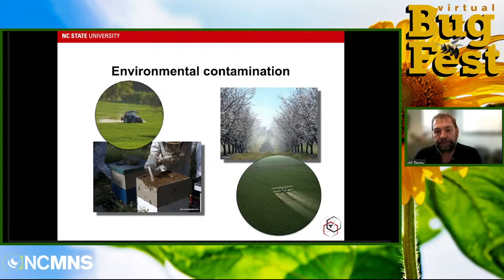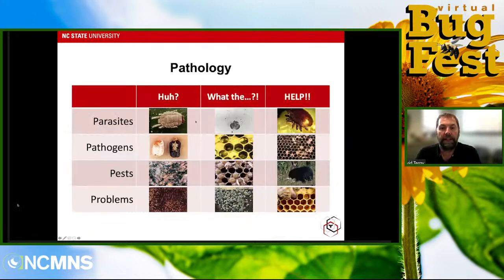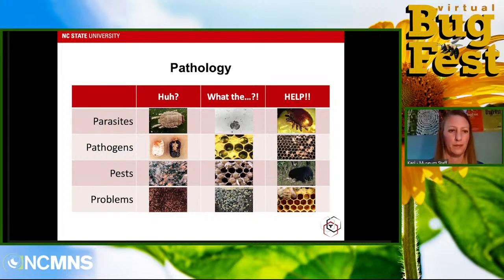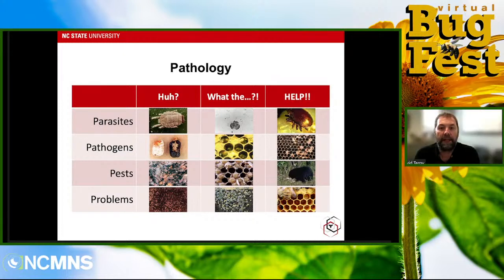And then finally, the third area of problems that is associated with colony collapse and other problems is pathology, different parasites and pathogens. Because honeybees live in colonies, they have a whole host of different parasites and pathogens that can make them sick.